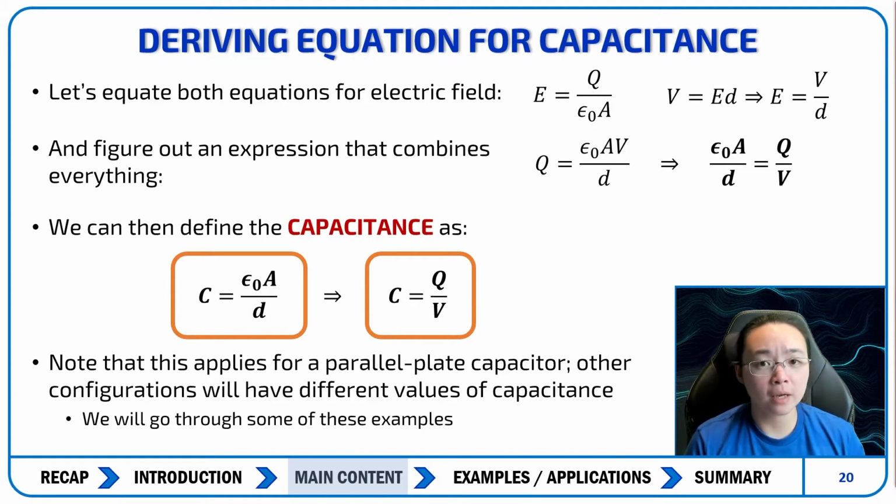So keep in mind that this only applies to the setup that we've created, which was a parallel plate capacitor. Other configurations will have different values of capacitance, and we are going to go through some of those examples. And by configurations, I mean whether you have parallel plate capacitors in series or in parallel.